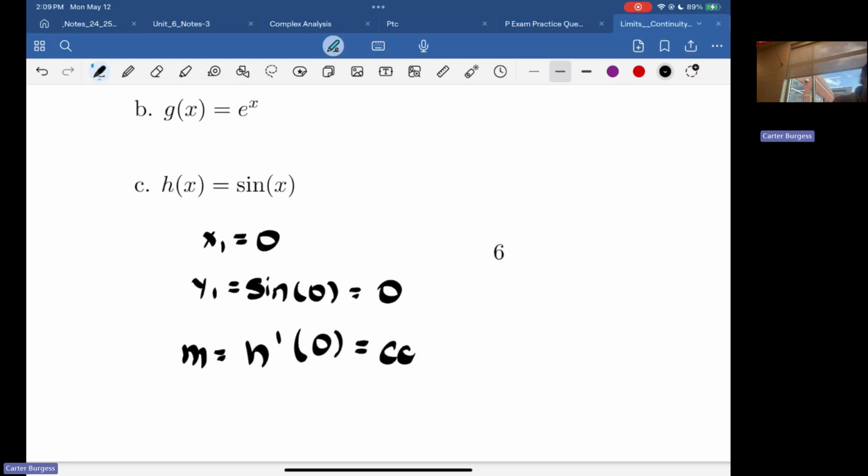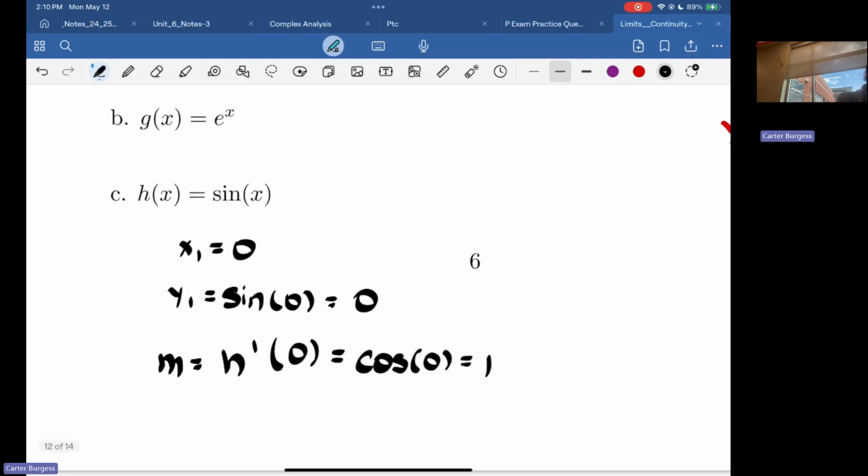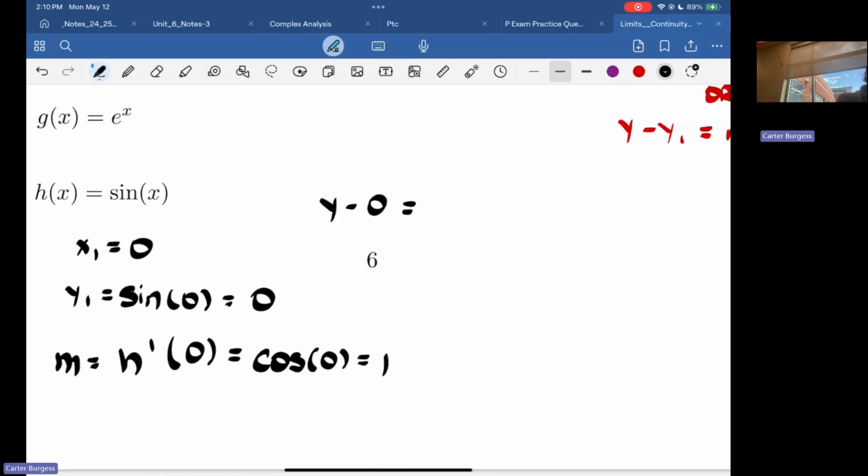So what is cosine of 0? It is 1. And so our tangent line will have the equation y minus y1, which we said was 0, is equal to m, which we found was 1, times x minus x1, or cleaning this up a little bit, y equals x.